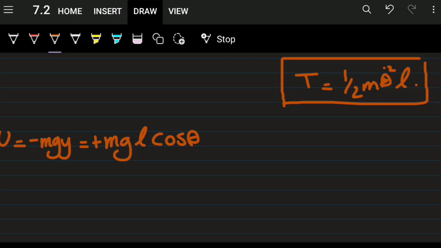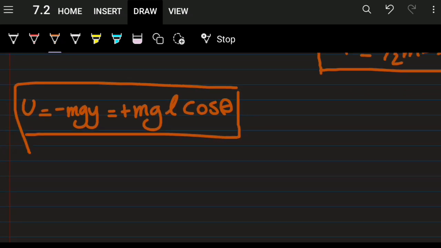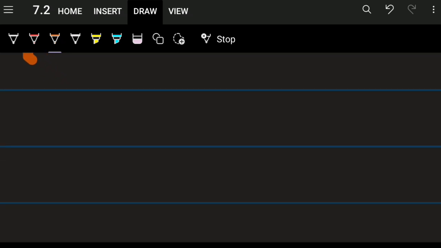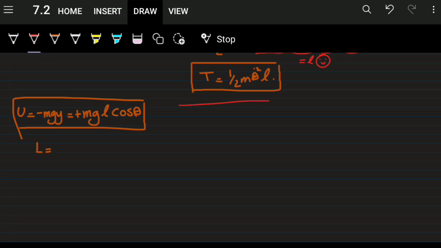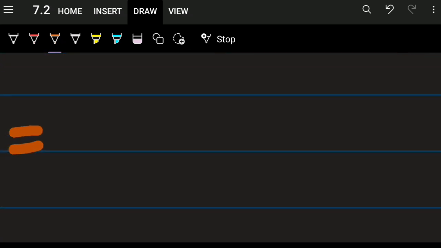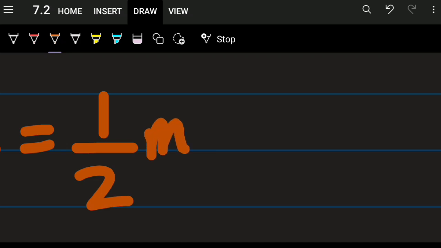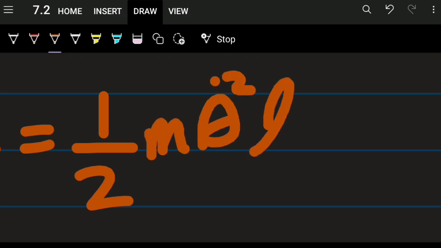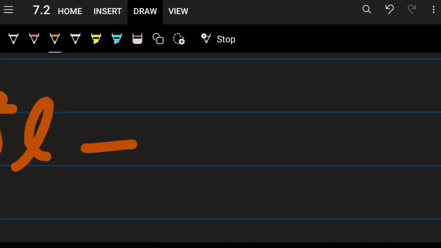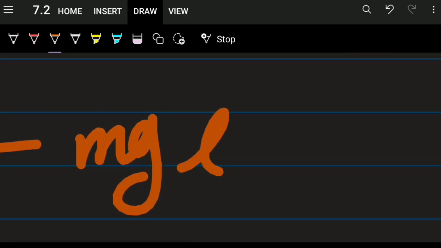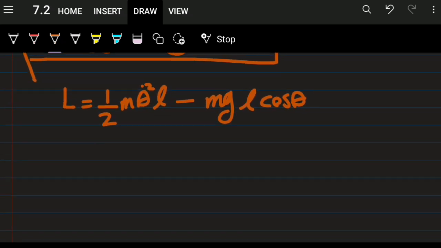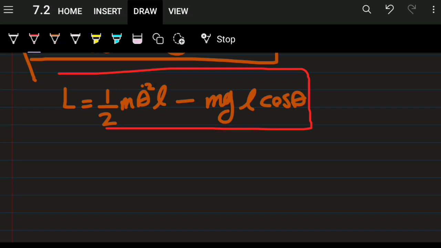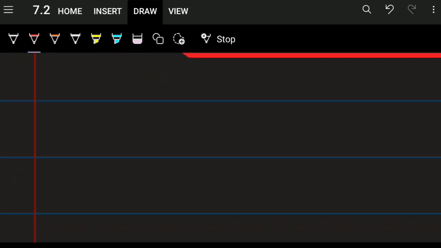Now that we have the expressions of the kinetic and potential energies, we write the Lagrangian. And it's ready to go into the Lagrange equation.